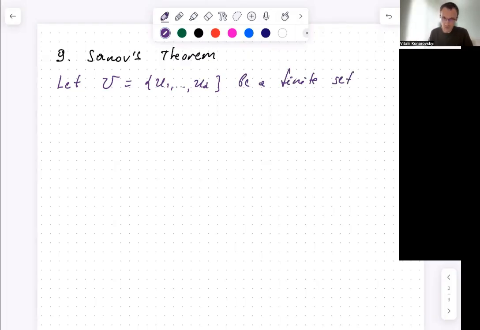It doesn't matter what this set is, it could be numbers, vectors, and so on, it could be some abstract set. The important thing is that here we have a finite number of elements.